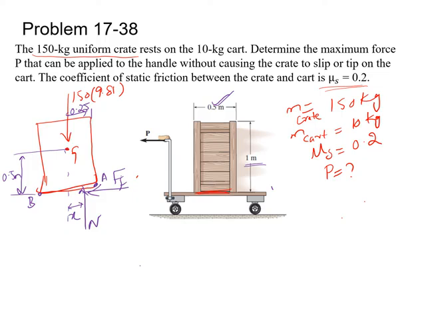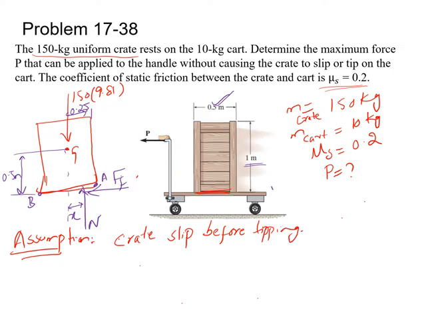So in this case, our assumption is that the crate slips before tipping. We could assume that the crate tips first, but in this case we assume that the crate slips before tipping, since first the slipping will occur, and after that the tipping will occur. So we assume that the crate first slips and then the tipping will occur.